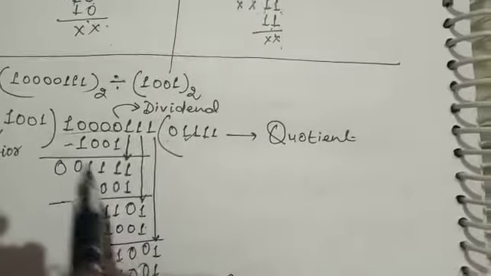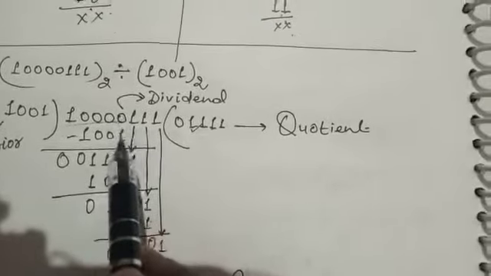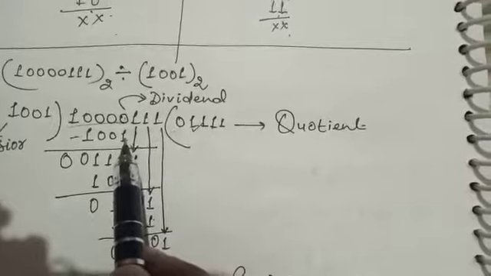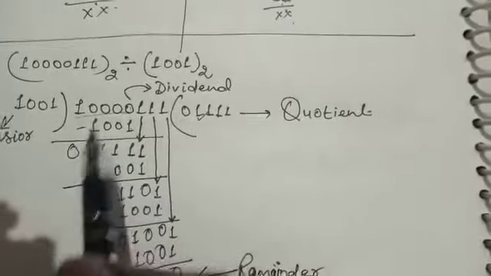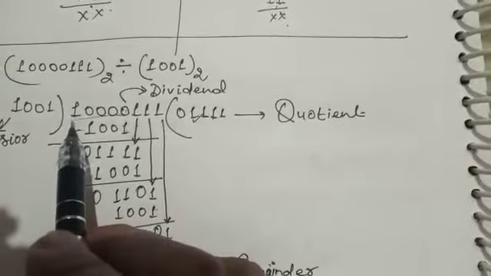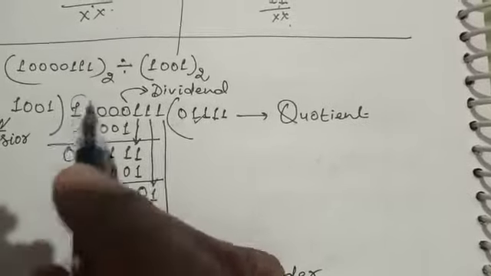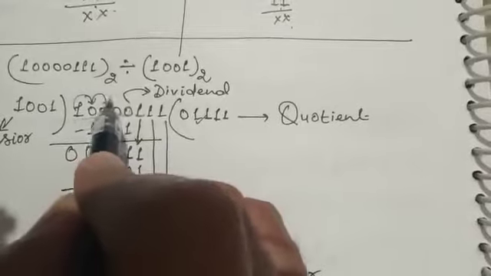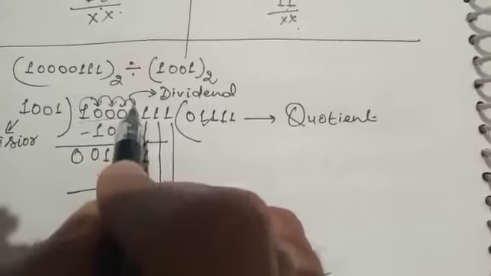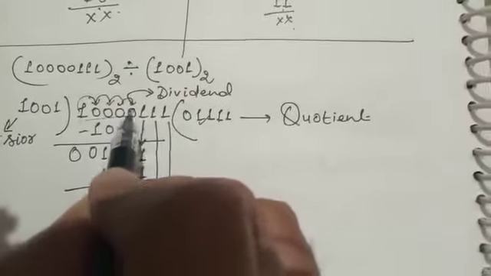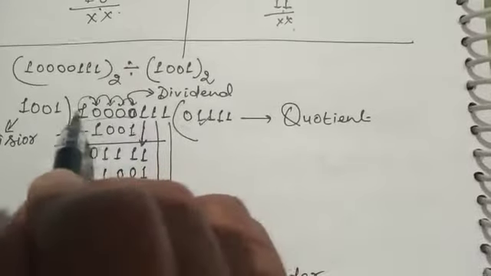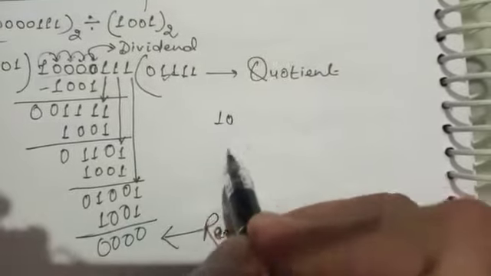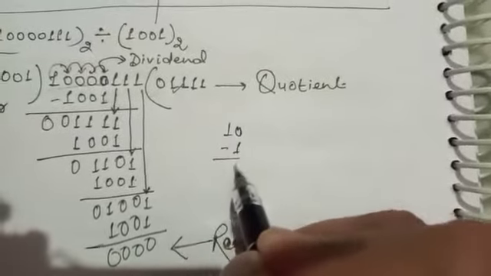Again the subtraction process follows. From 0 we cannot subtract 1. So it takes the borrow process. The borrow is always given by a 1. If it gives the borrow in sequential manner, it first comes to this 0, then this 0, then this, and finally it reaches the 1. Now it is 0 and it got the borrow from the 1. That means it becomes 10. 10 minus 1, the output is 1.